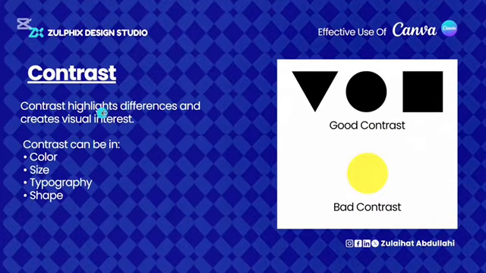While we have contrast, which highlights differences and creates visual interest. Contrast can be in the color, size, typography, and shape. For example, in terms of color, this one here is a good contrast. It shows the information that we need to see.